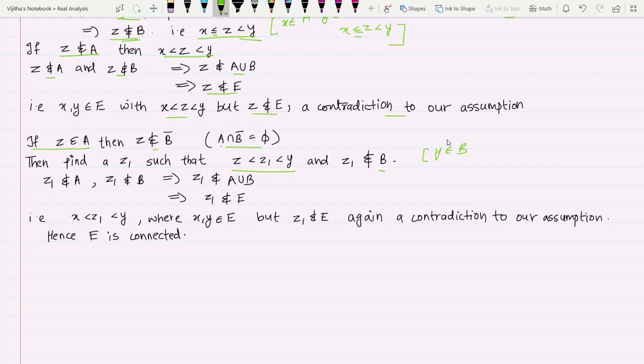So Z1 is not an element of A and Z1 is not an element of B, which implies Z1 is not an element of A union B, which implies Z1 is not an element of E.